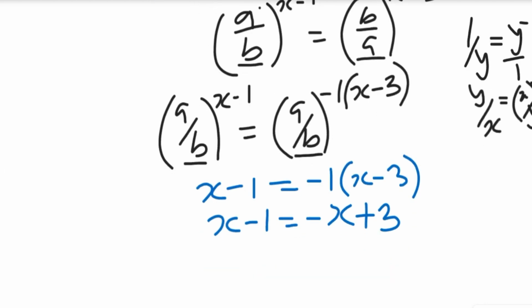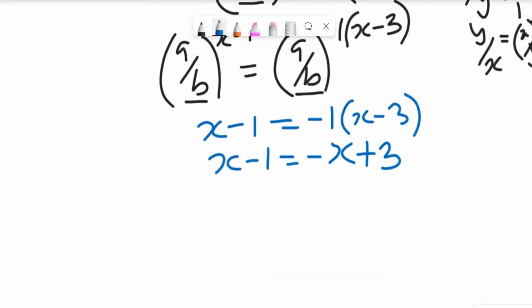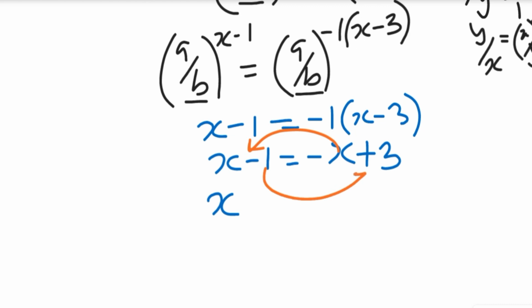So that expression will be simplified further. Collecting like terms, we'll have x coming over this other part, and we'll have minus 1 coming over the right hand side.